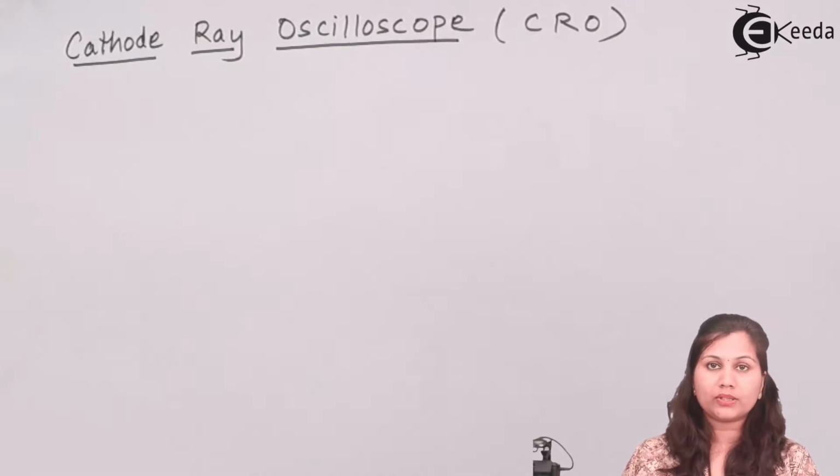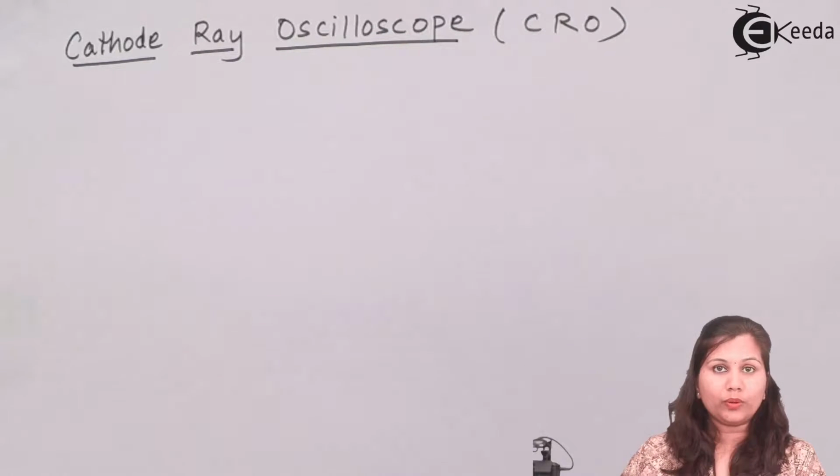The cathode ray oscilloscope, also known as CRO, is one of the prerequisites of any electronics laboratory. In any electronics or electrical laboratory, we are going to see this CRO; it is a must-present instrument in these laboratories.